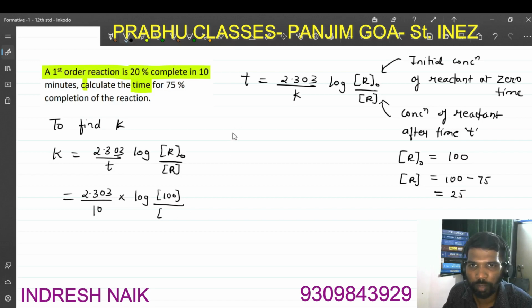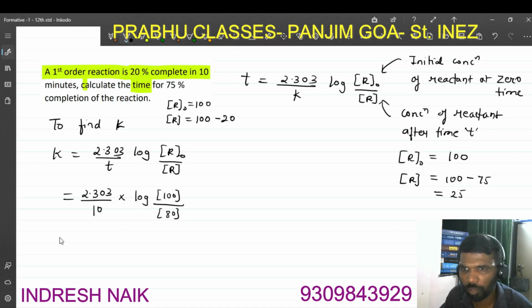For the first condition, if R0 is 100, then R will be 100 minus 20, right? 20 is completed, so 80% is left. That is the concentration of reactant left. So I will write this to be 80.